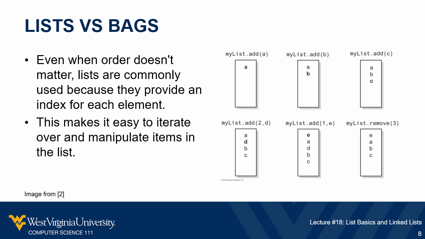By using an index number, we're able to directly access individual items, like if we want to change what they're storing, or if we want to iterate over and see what's all in our list without having to remove things first. So the ability to access things by an index number is a really helpful feature to have, and for that reason, even if we don't care about order per se, we often will still gravitate towards using a list.